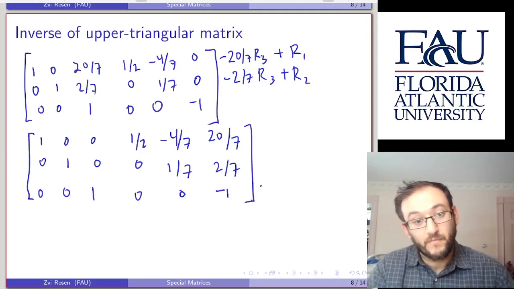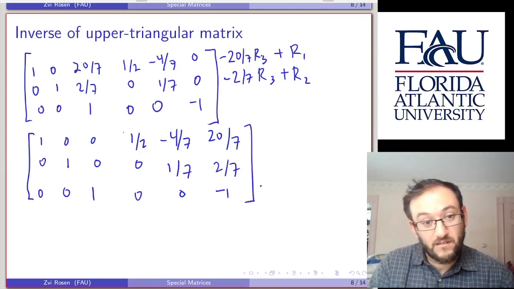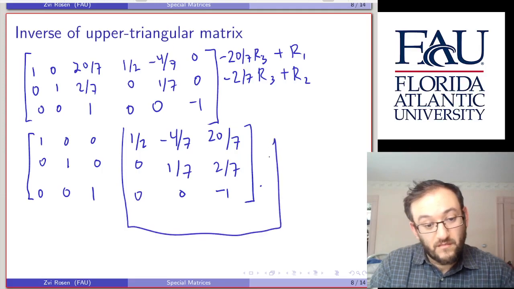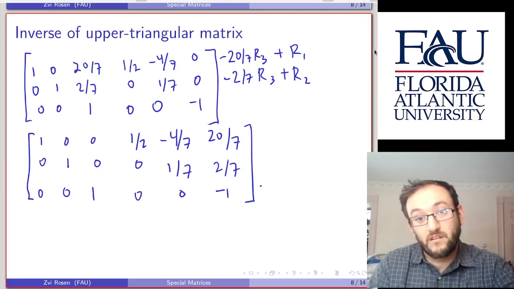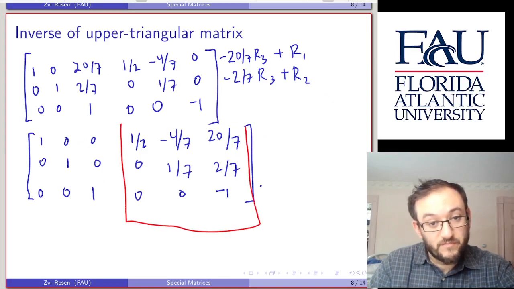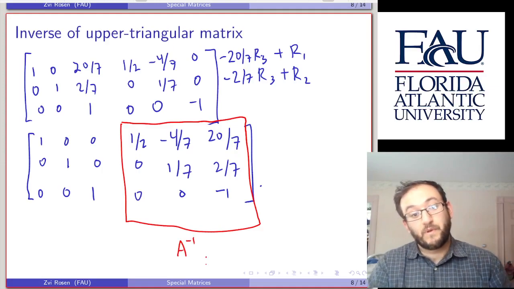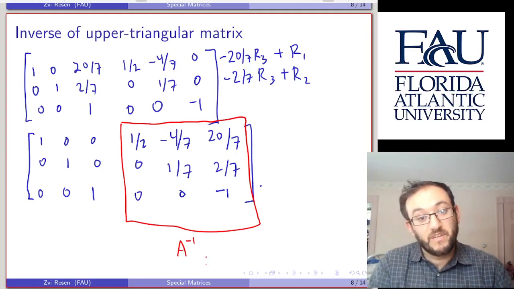This is our inverse matrix, which we got using Gauss-Jordan elimination.